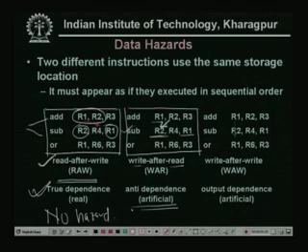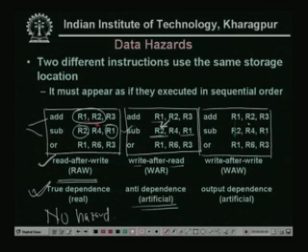Similarly, the third one, say here add R1, R2, R3, and OR R1, R6, R3.